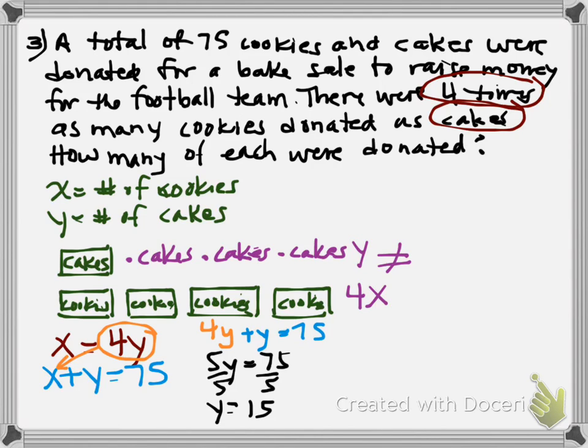So y goes with cakes. So we had 15 cakes. To get the number of cookies, we can plug that answer back into the other equation. And the number of cookies is going to equal 4 times the number of cakes. And we get 60. Okay?